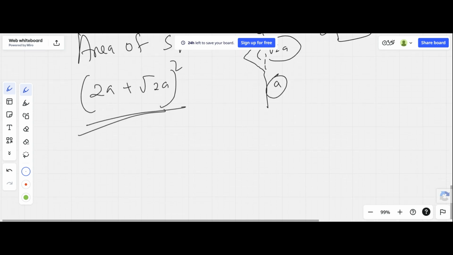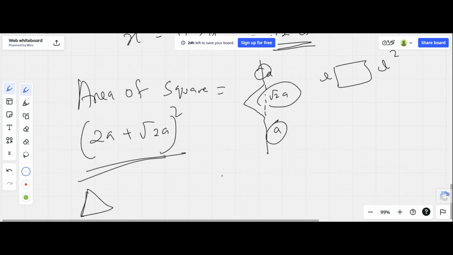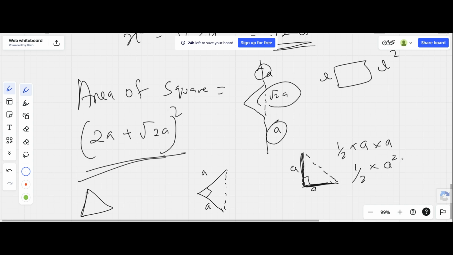Okay. So there are four triangles. How does the triangle look? It looks like this. This is A, this is A, this is 90 degrees. So visualize it like this. Half into base A into perpendicular height A. So it will be half into A into A, half a squared.